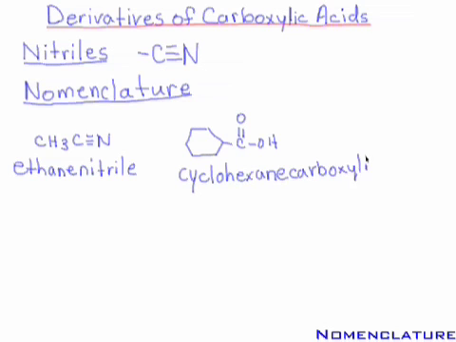When you have a ring carboxylic acid that is replaced with a C triple bond N, the "carboxylic acid" ending is dropped, and you end up with cyclohexane carbonitrile. So note the distinction between naming nitrile groups off of straight chains and nitrile groups off rings.